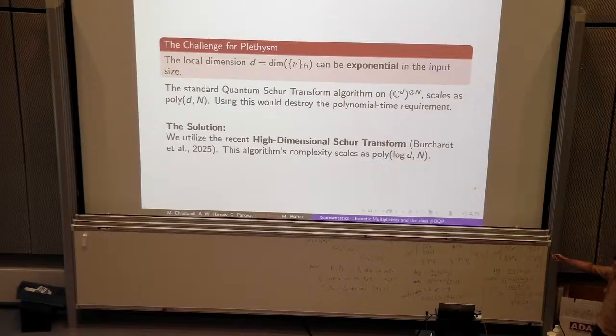Actually, this is a very interesting topic because there are at least two different ways to do this. The typical approach to the quantum Schur transform algorithm is called the BCH quantum Schur transform. And one of the authors, Aram Harrow, who was also an author in this paper, actually in his PhD thesis sketched a way to possibly make this original quantum Schur transform only polylogarithmically dependent on the local dimension.